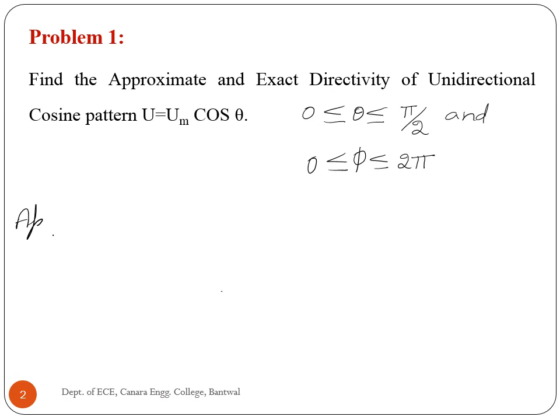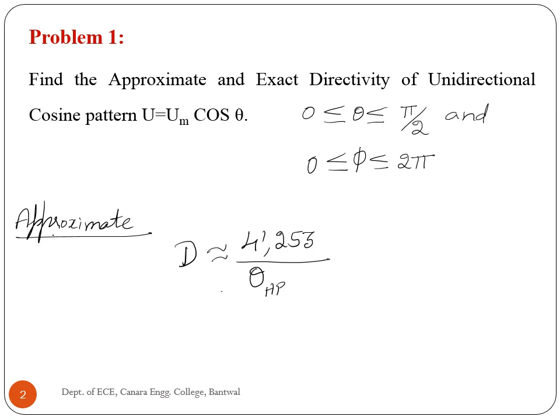Approximate method. Directivity is equal to 41,253 divided by theta HP into phi HP. So what is theta HP? To find that, consider the pattern U equal to Um cos theta.